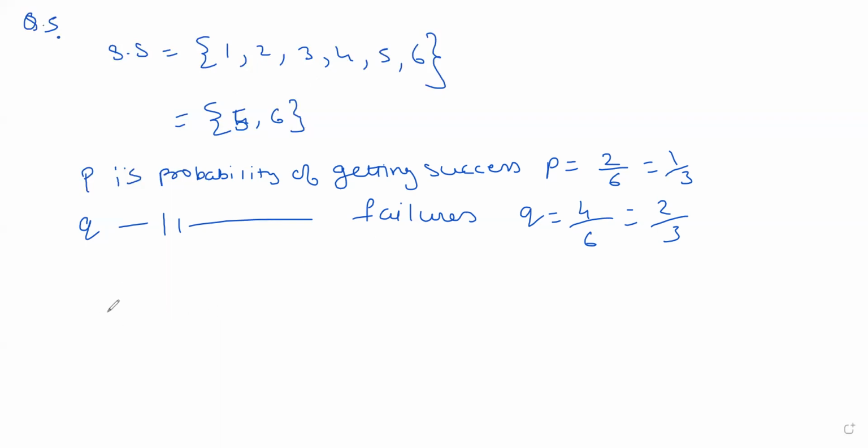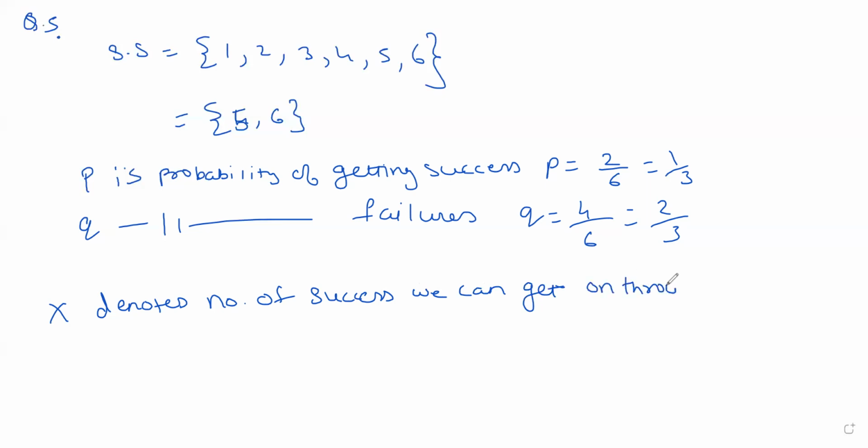So if X denotes number of successes we can get on throwing a dice, then value of X will be 0, no success at all. All the time you will only get a number less than or equal to 4, or 1 success or 2 successes.